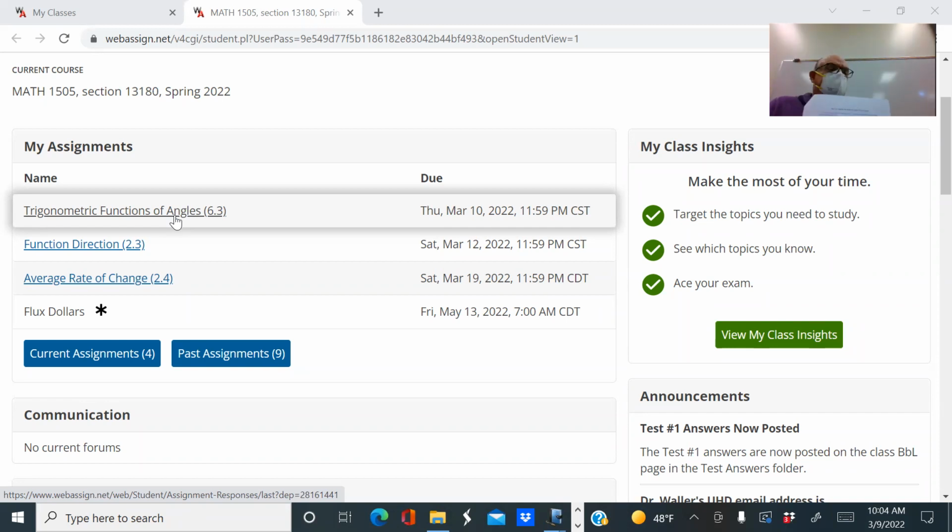I didn't bring up the PDF, but this is the printed version that has the table of special angles on it, right? And on the third page, there is actually a step-by-step process for finding reference angles.